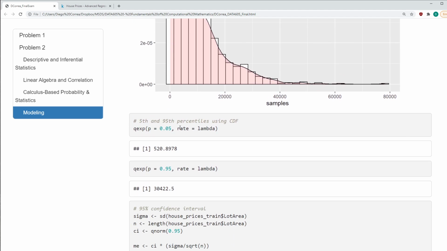Next, 5th and 95th percentiles using CDF. So I use the qexp function with our percentile 0.05 and the rate lambda, and then I get the 95th percentile using the same function but replacing it with 0.95, and this is our 95th percentile.